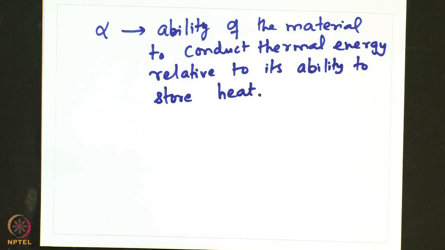So, with these definitions, what we will start from the next lecture is looking at how to write the heat balance in order to estimate or find the temperature distribution in the system that is being considered.